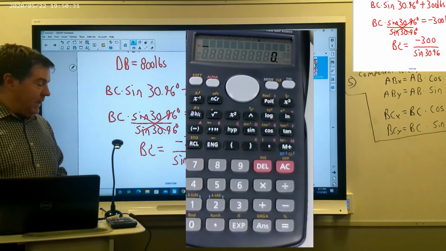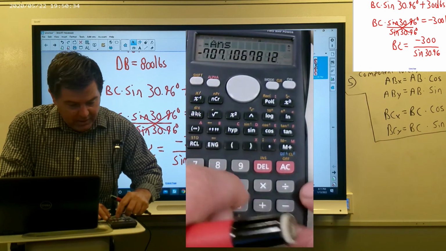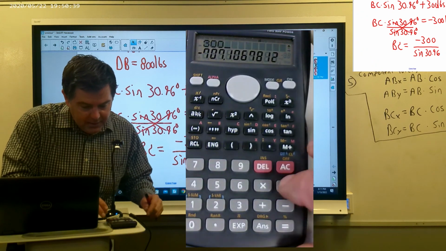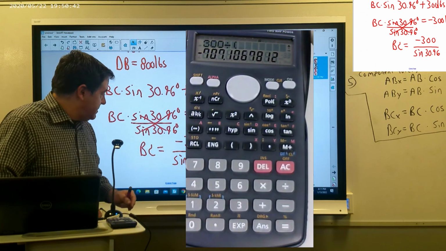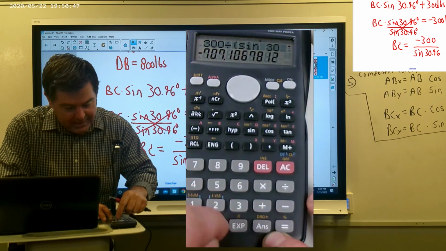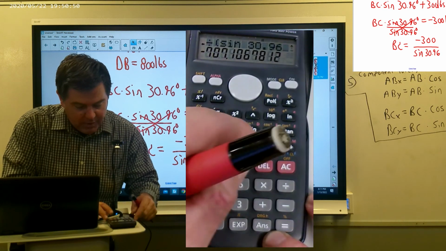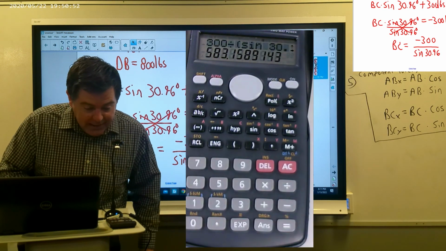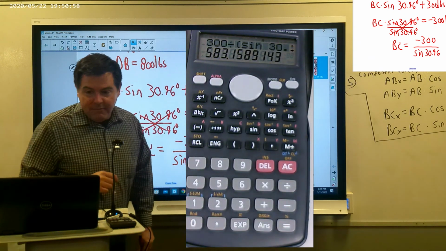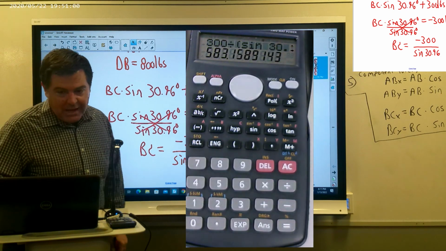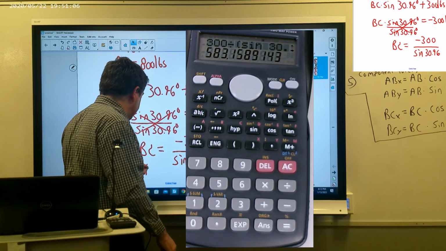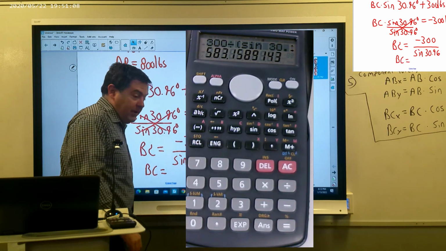I'm going to go ahead and plug in negative 300 divided by, open up a set of parentheses, sine 30.96, close my parentheses, I end up with negative 583.1 pounds. I didn't put the negative sign before the 300 there. So it's negative 583. BC equals negative 583.